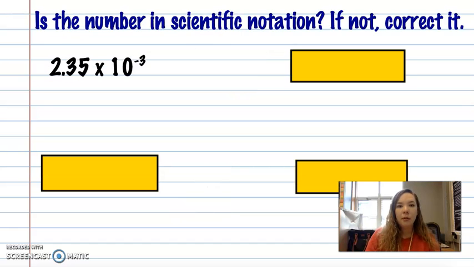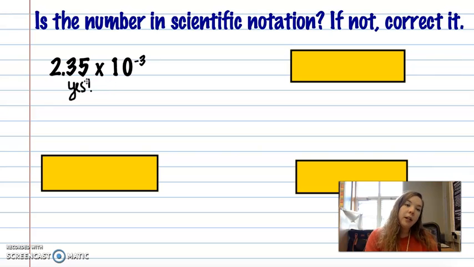For our last few examples here, we're going to talk about whether or not the number is written in scientific notation, meaning that our first number is between 1 and 10, and then it's times 10 to a power. And if it's not, I'll show you how we can correct that. So this first one, 2.35, that's A-OK. So it is in scientific notation.